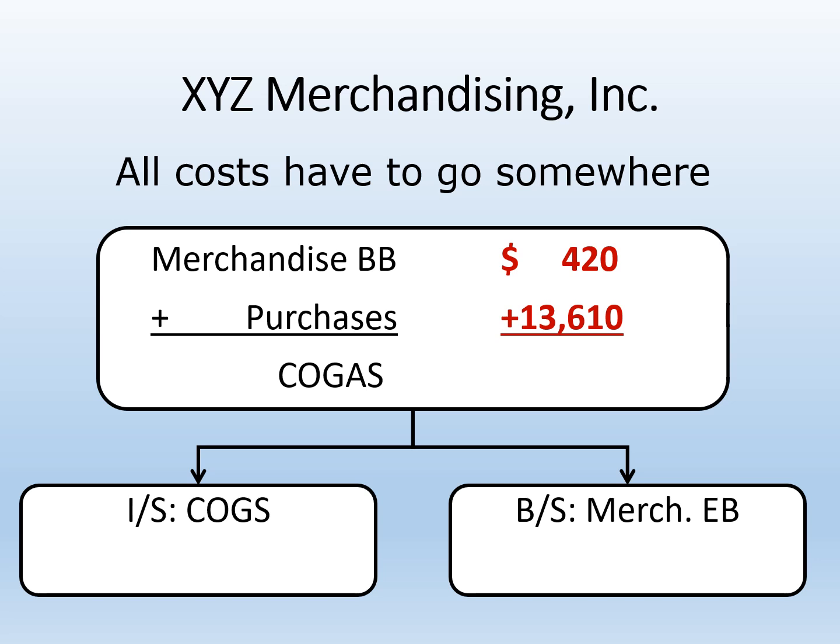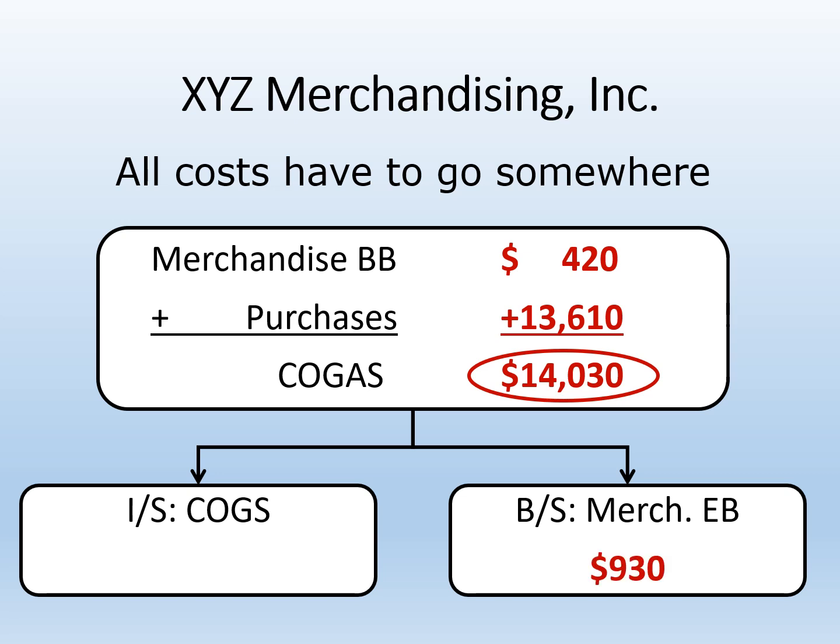We were also told how much inventory the firm purchased in September. If we add those two numbers together, that will equal the cost of goods available for sale, the dollar value of the old merchandise plus the dollar value of the new merchandise.